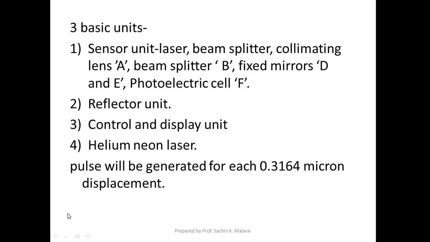This is applicable only for the helium neon laser. So for the helium neon laser, a pulse will be produced for each 0.3164 micron displacement. This is the least displacement that can be measured.